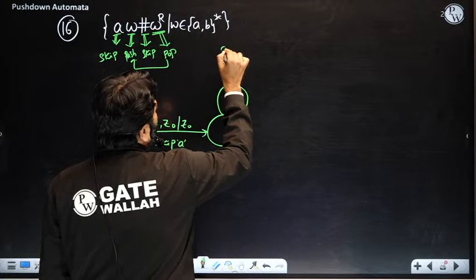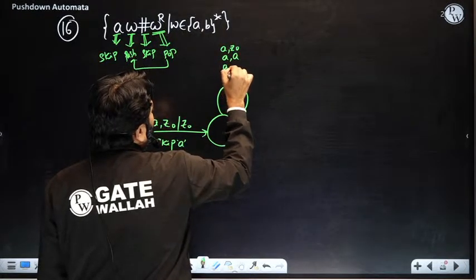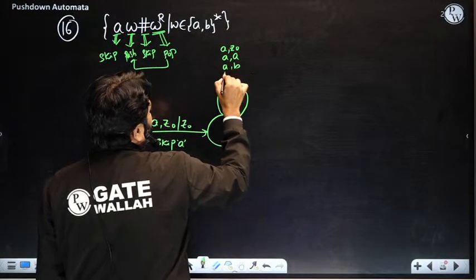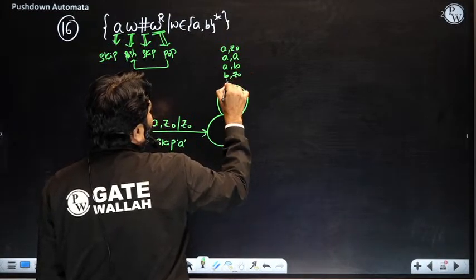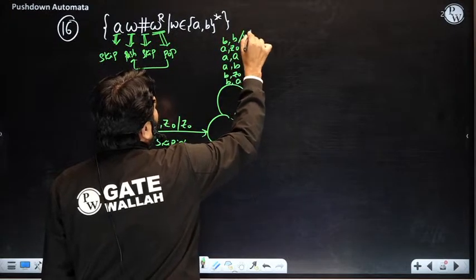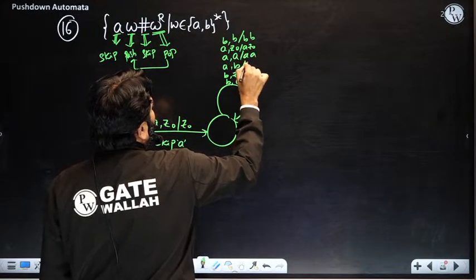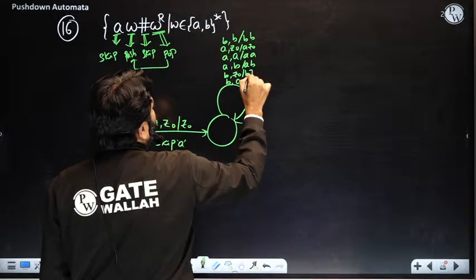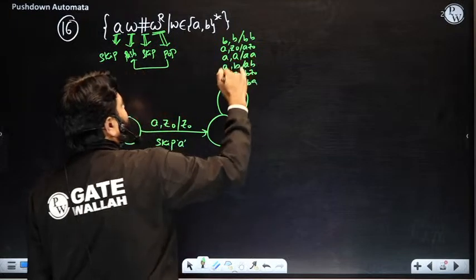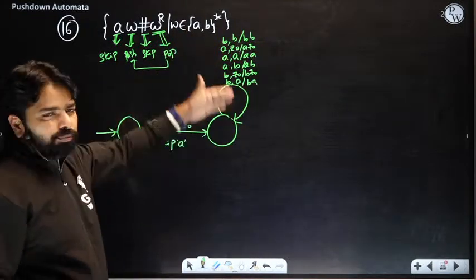All of them: A comma Z naught, A comma A, B comma Z naught, B comma A, and what else? B comma B. So you just do the push. Six transitions. Order doesn't matter because all are independent self loops.